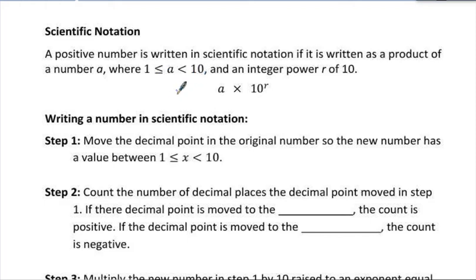Basically what we're looking for is a non-zero one-digit number with a decimal point that follows, and then other digits would follow the decimal point. And then it'll be raised to an integer power r of 10. So a times 10 to the r power. An example would be like 3.752 times 10 to the 7th. That would be a way to write scientific notation.